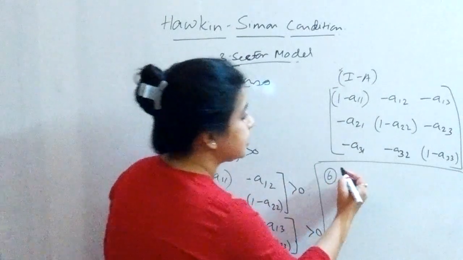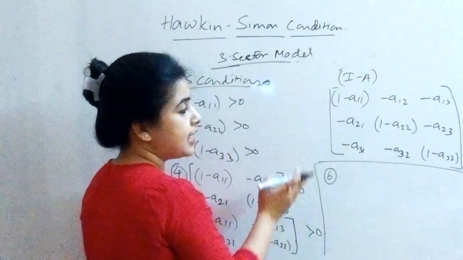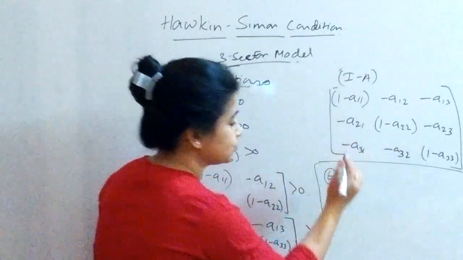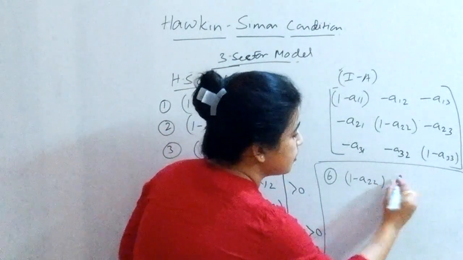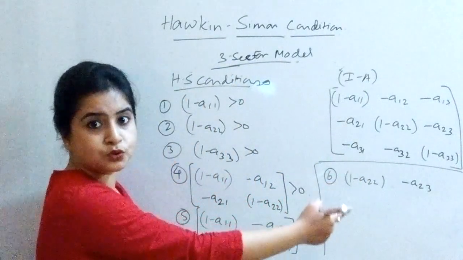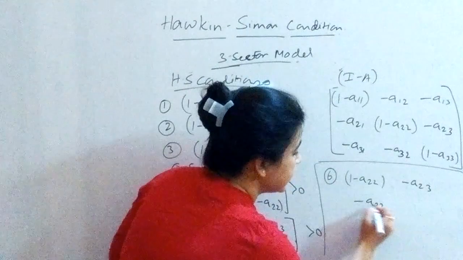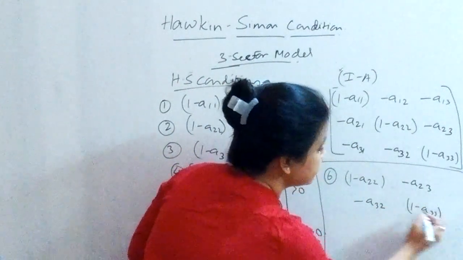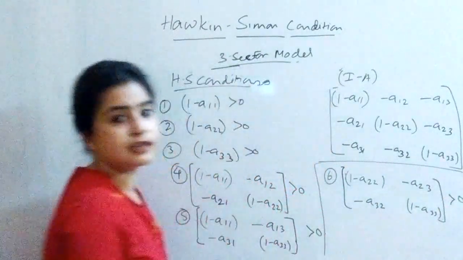Now for the third 2 cross 2 matrix, we will be starting with minus A21, 1 minus A22, and here we have minus A23. Again, on this side A32 and 1 minus A33. Now this again needs to be positive.